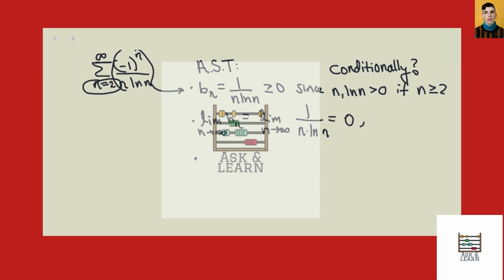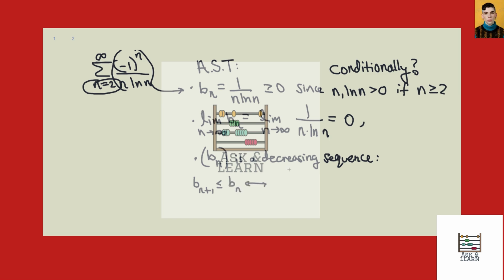And finally, we need to check that the Bn's are decreasing. So how are we going to verify that? So one way is to just convince yourself that this equation is true.